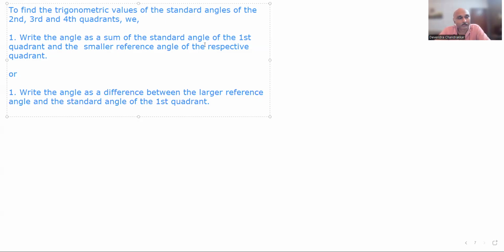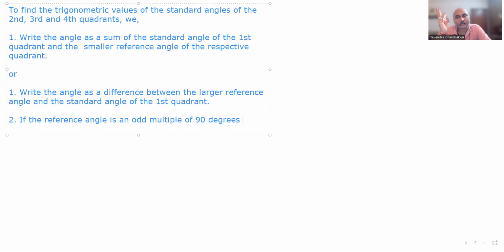So please pay attention. Then the second step is if the reference angle is an odd multiple of 90 degrees, so you can start thinking which are those angles, right? 90 is one such angle, 270 is again a reference angle which is an odd multiple of 90 degrees.